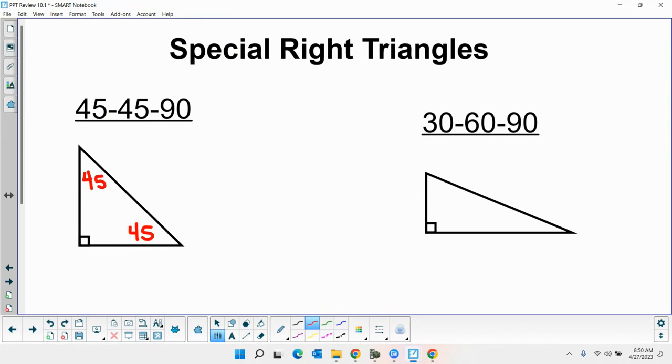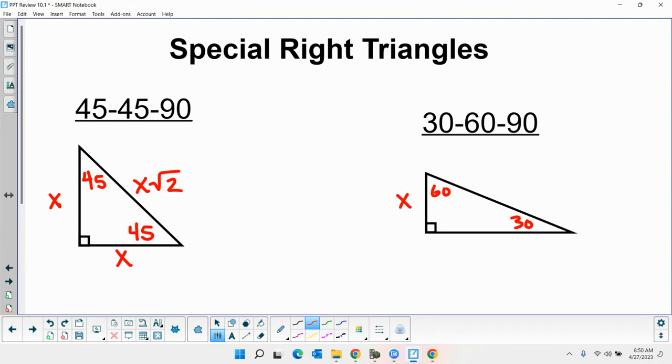All right? What did we say is true about the 45-45-90? What about those two sides? They're the same. So we were saying x. What's the hypotenuse always? X times the square root of 2, right? On the 30-60-90, which one was the x? The short leg is the x, which is opposite the 30.